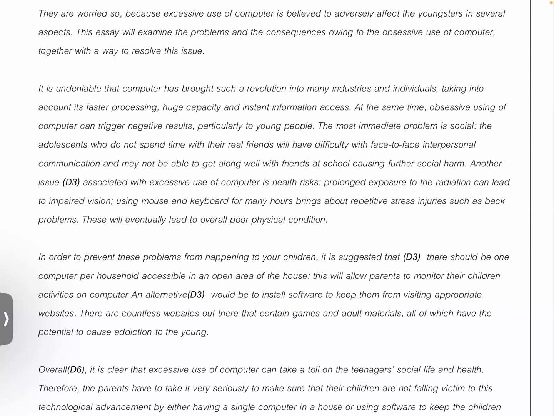And then when it says another issue associated with excessive computer use is health risk, this talks about some health problems that are caused by excessive computer use. These are not new.